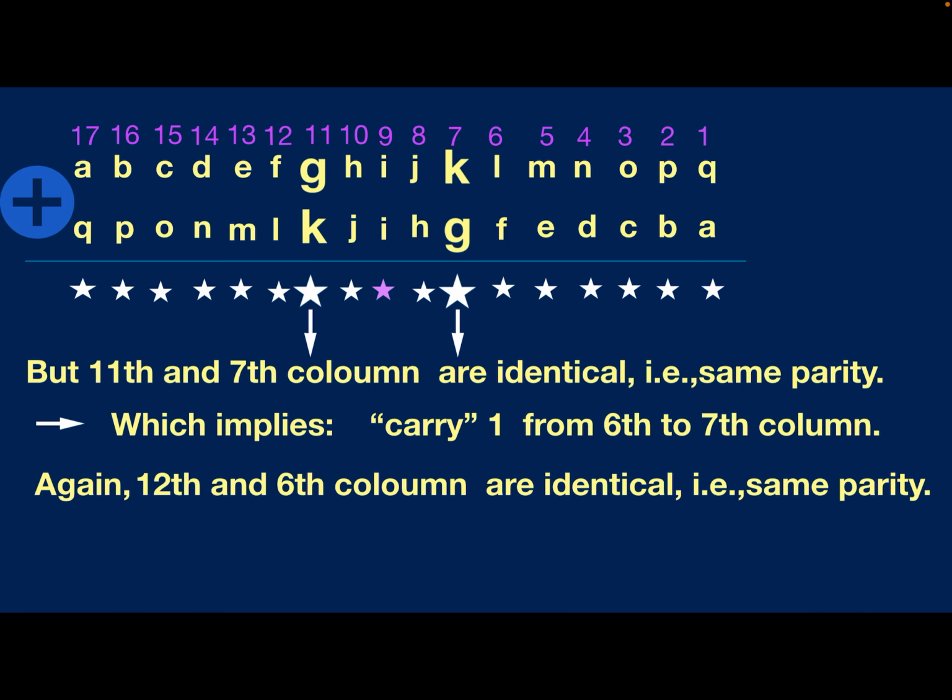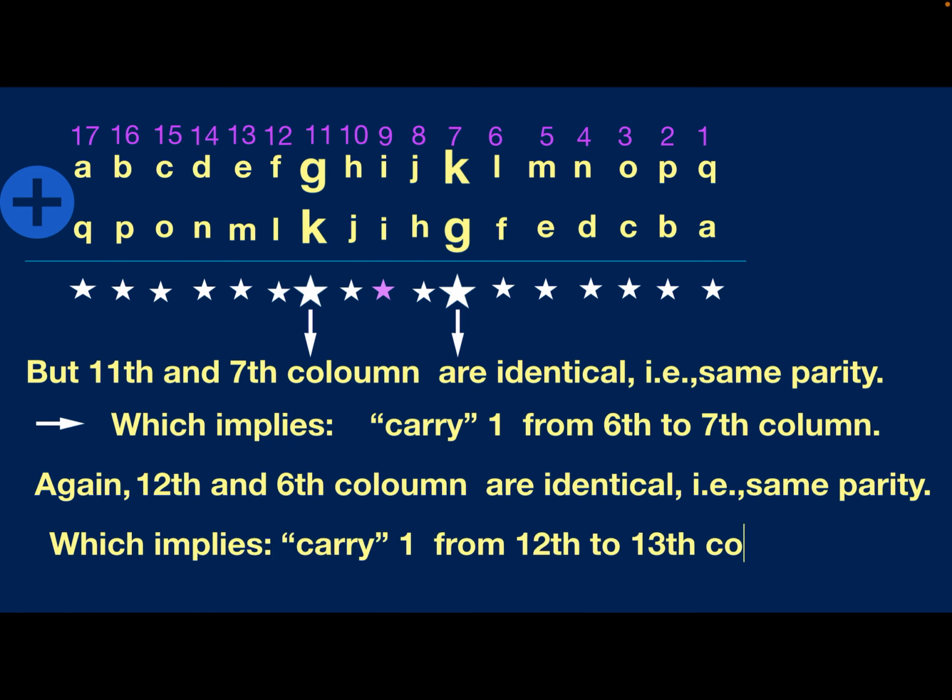Since the 6th column, that is I and F, will produce a carry to go into the 7th, the 12th column also will produce a carry to go into the 13th column. So there is a carry from the 12th column to the 13th column, isn't it?